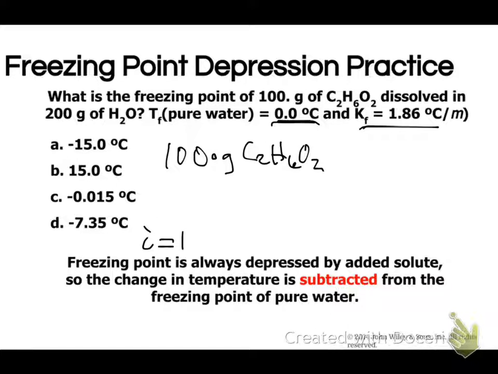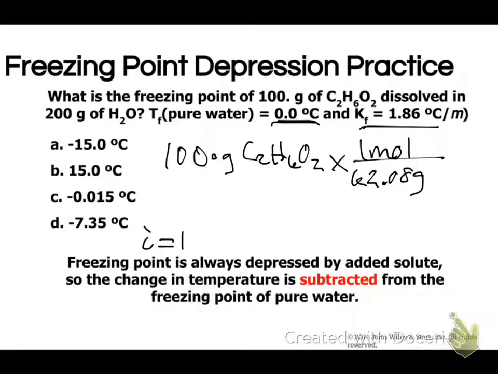I know I'm going to have to figure out molality, so we're going to have to add up these elements. So it's going to be 12.01 times 2 plus, let's see, 6 hydrogen, 6 times 1.01 plus 2 times 16. So that gives us 62.08 grams.